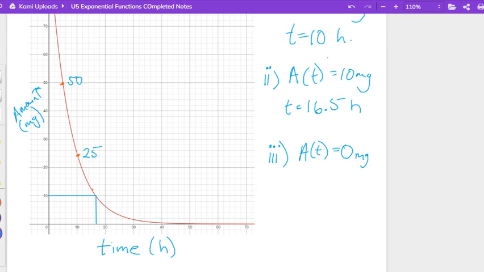So in theory, this graph is never going to touch 0. So theoretically, we will never get to 0 milligrams of caffeine. What we're saying is that the caffeine will keep separating and separating. So theoretically, never. But realistically, we know.